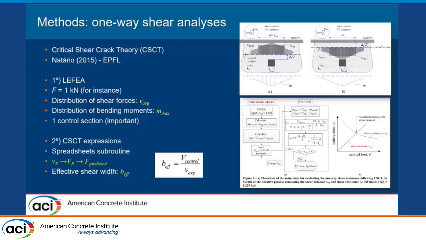After, we take these two parameters estimated with the linear elastic analysis, and we put them into a subroutine based on the critical shear crack theory expressions, in which we vary the applied load until the estimated shear demand is equal to the estimated shear resistance. At the end, we find both the unitary shear resistance as well as the concentrated load that causes the one-way shear failure.